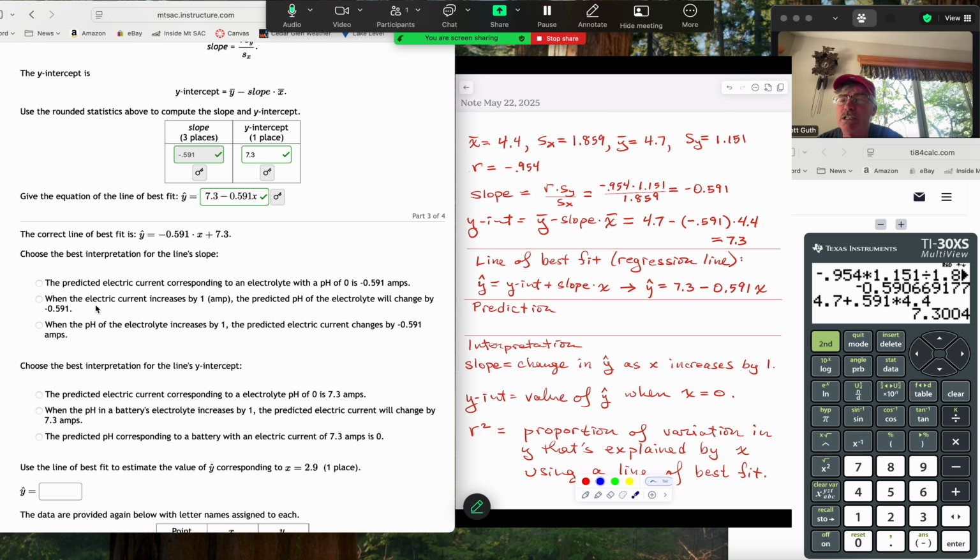So let's see if we can find that. The predicted electric current when the pH is 0 is 7.3 amps, and 7.3 was the y-intercept. No, the y-intercept was 7.3 amps. Okay, so correct. The predicted electric current when the pH at x is 0 is 7.3. The y-intercept will go with that.